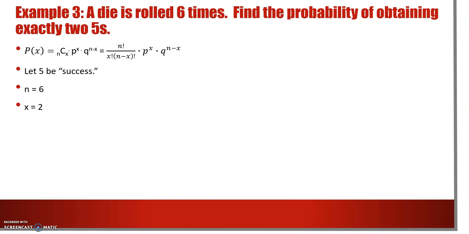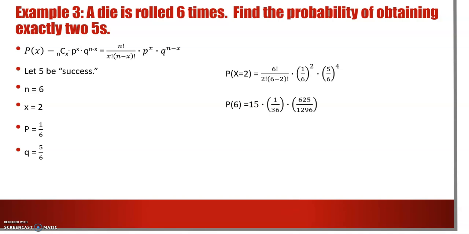Our probability of rolling a 5 is 1/6. P equals 1/6. Q equals 5/6. Substituting in. This time notice that P and Q are different, but they do add up to 1. Multiplying and simplifying. P of 2 is approximately 0.20093.